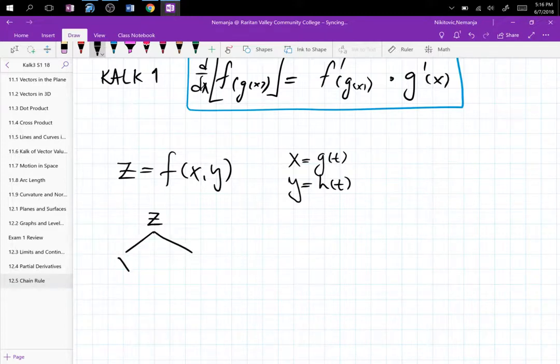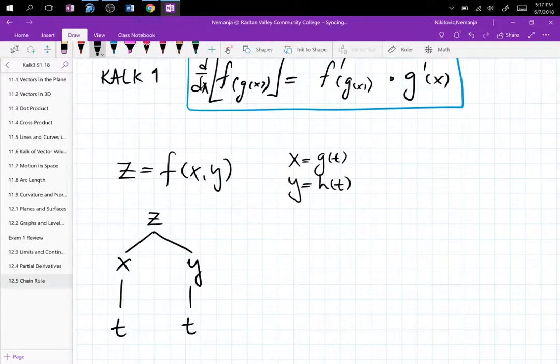z is produced by x and y, and both x and y are produced by these functions of t. So this is the tree diagram for this situation, and as I said, this is the simplest you can get in Calc 3. Clearly, if you remove branches of t, you just have z, f of x, y, and we took care of that last class with partial derivatives, right?